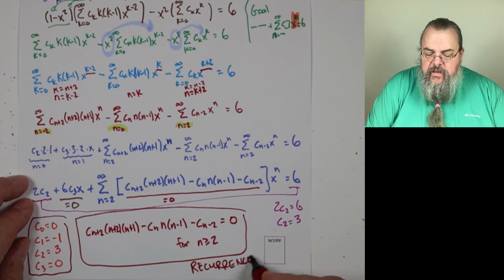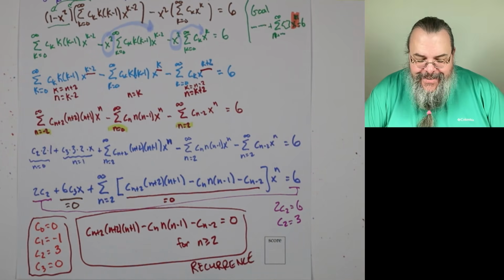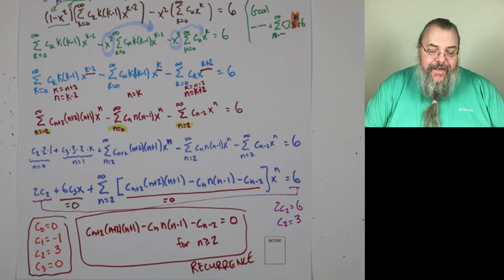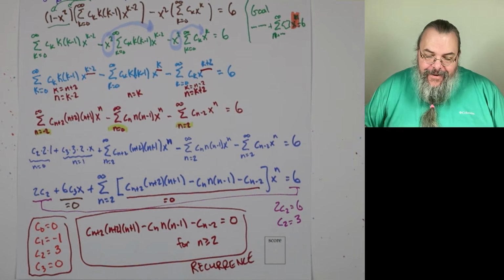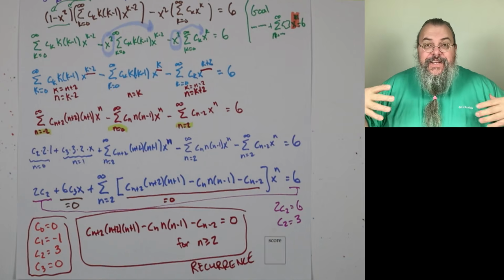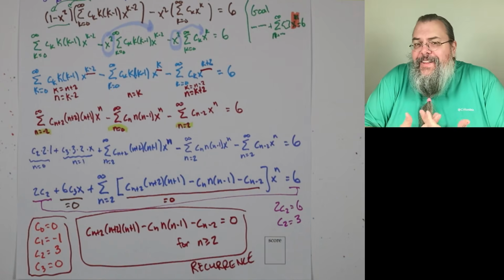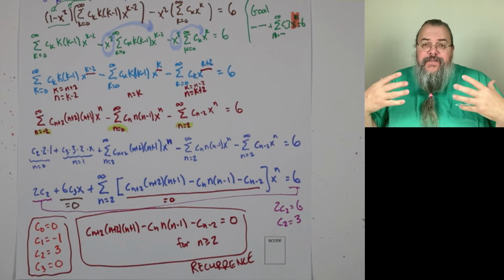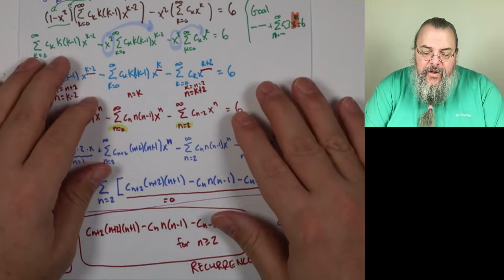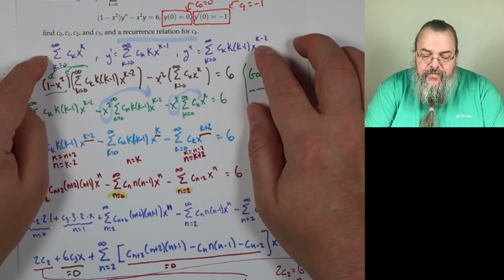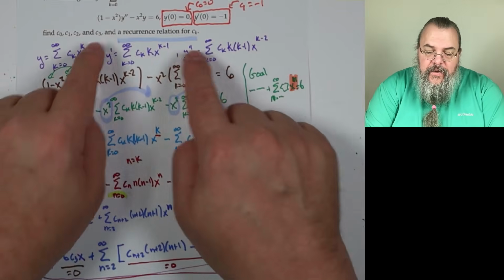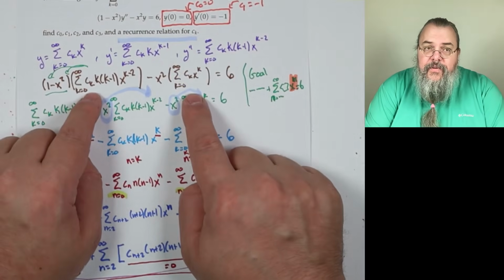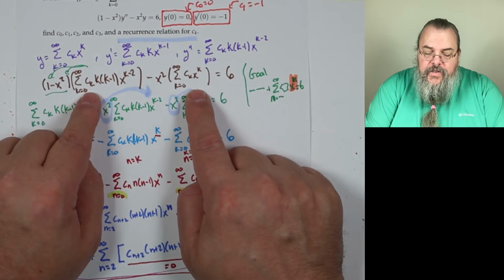And that's it. That was what they asked us to find. So we did it, and it all fit on the one page. This one feels like a lot, but if you think about the individual steps, each one is not bad, right? We took our derivatives, replaced our y and our y double primes by our sums.